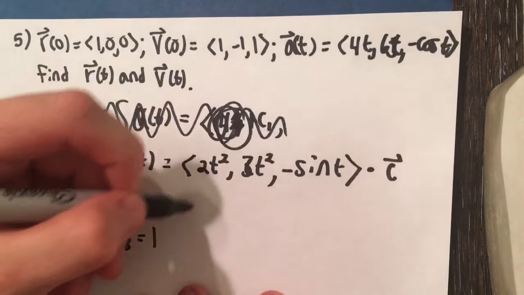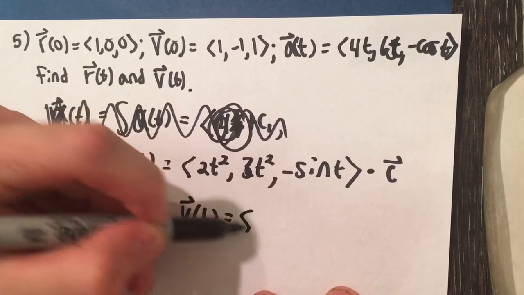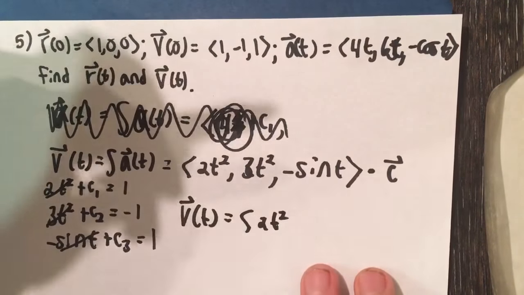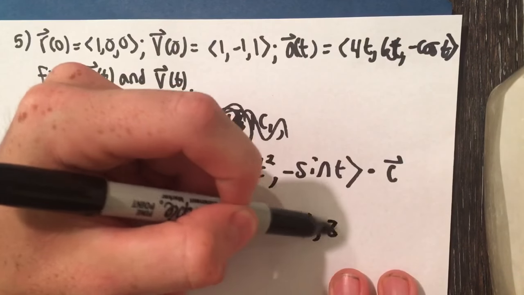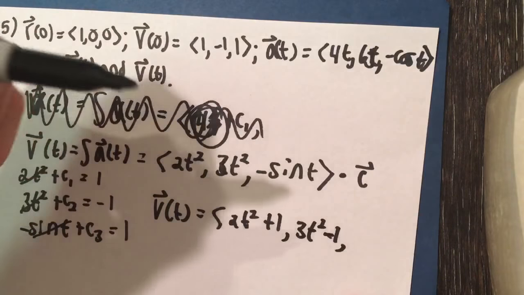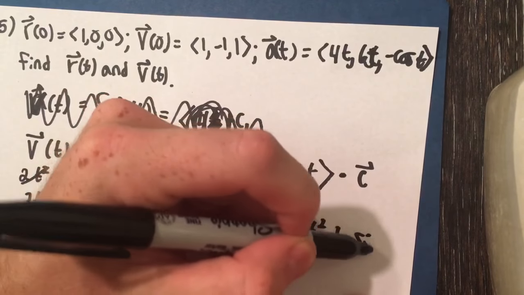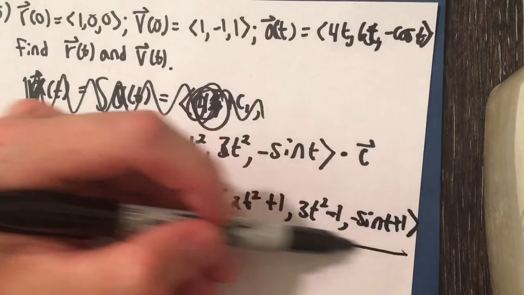Putting this all together, the velocity equation would be equal to 2t squared plus 1, which is c1, 3t squared minus 1, c2, and finally negative sine t plus 1. And that is our velocity equation.